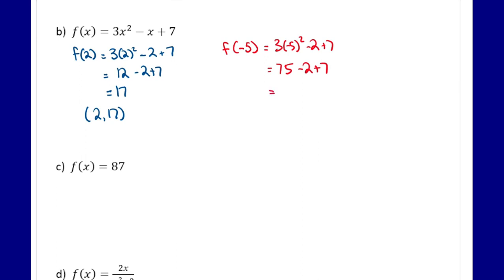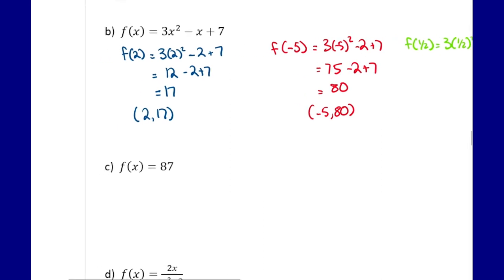So we get 80. So (negative 5, 80) is one of the points. And f at 1/2 equals 3 times 1/2 squared minus 2 plus 7.